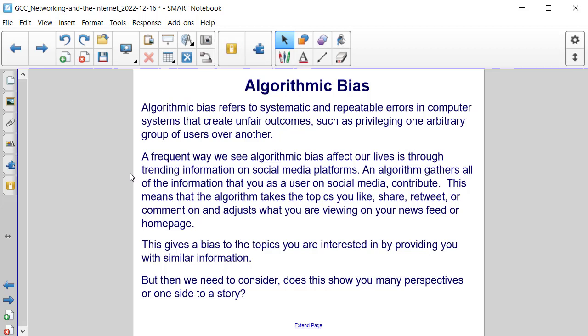This means that the algorithm takes the topics you like, share, retweet, or comment on, and adjusts what you are viewing on your newsfeed or homepage. This gives a bias to the topics you are interested in by providing you with similar information. But then we need to consider, does this show you many perspectives or one side to a story?